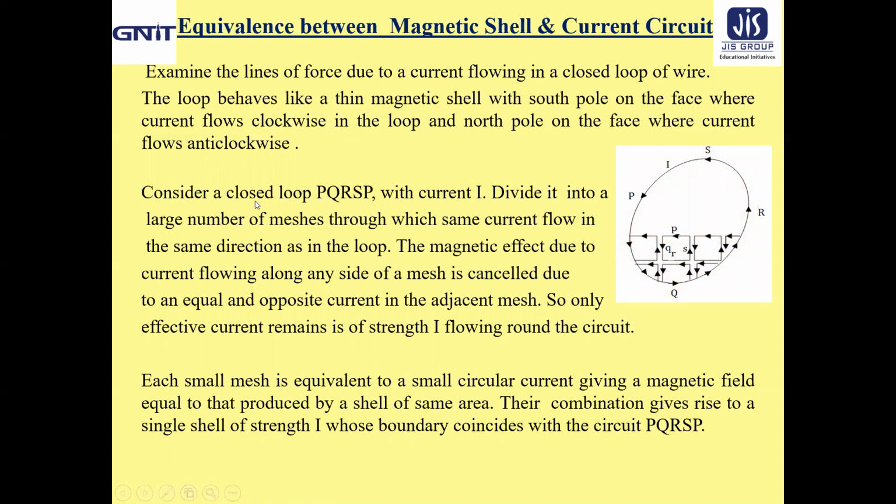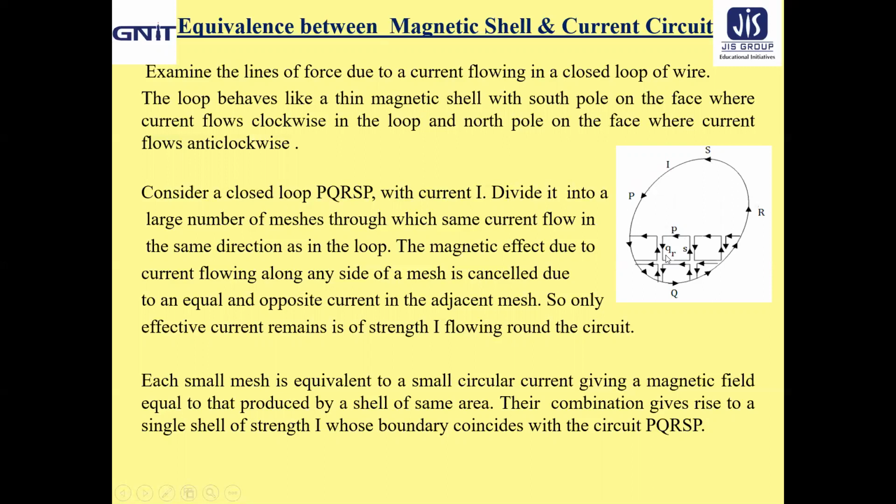So first consider a closed loop PQRST through which the current I is flowing. Let us now divide the entire loop, theoretically, into a large number of small meshes through which the same current I is flowing and in the same direction as through the entire loop.